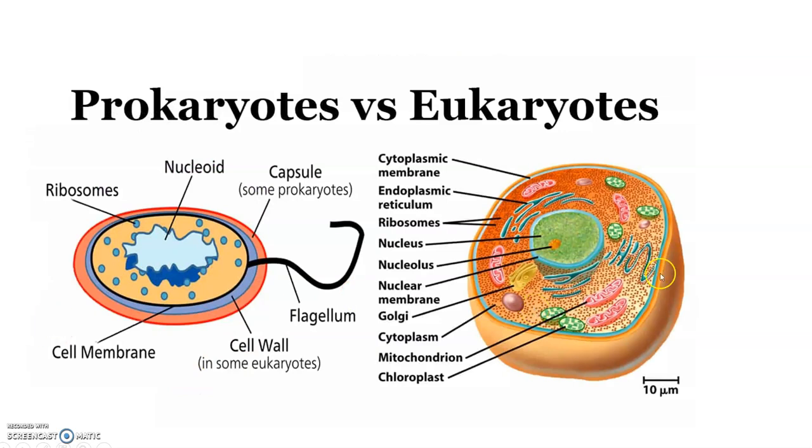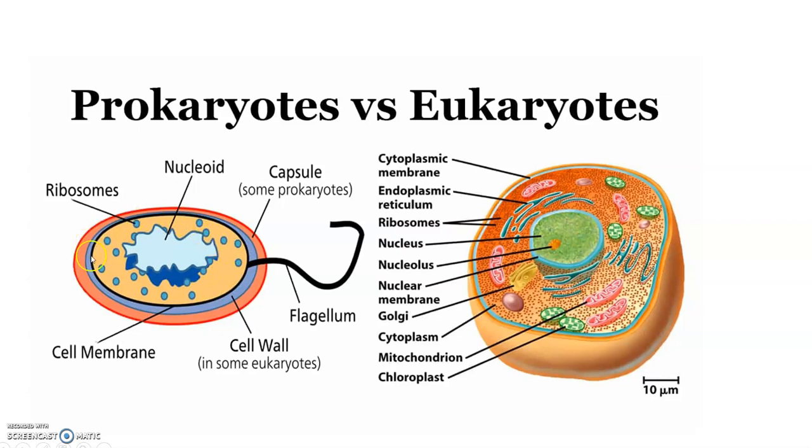Here in this picture we can see all these differences clearly and remarkably. This is a prokaryotic cell versus eukaryotic cell. In the prokaryotic cell, we can see the capsule, cell wall and plasma membrane. And this is the cytoplasm.